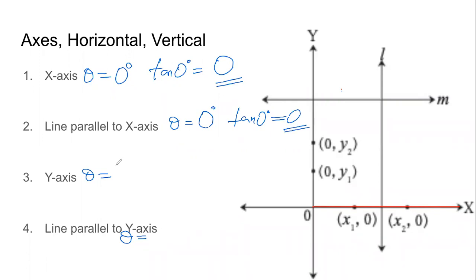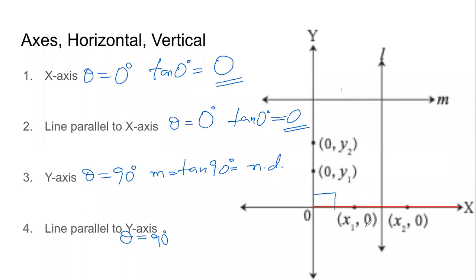Similarly, the angle made by y-axis with the positive direction of x-axis is 90 degrees. So the slope will be tan 90. Tan 90 we cannot know. Check karo. Similarly, all the lines that are vertical, all the lines that are parallel to y-axis, we cannot find the slope because theta equals 90.